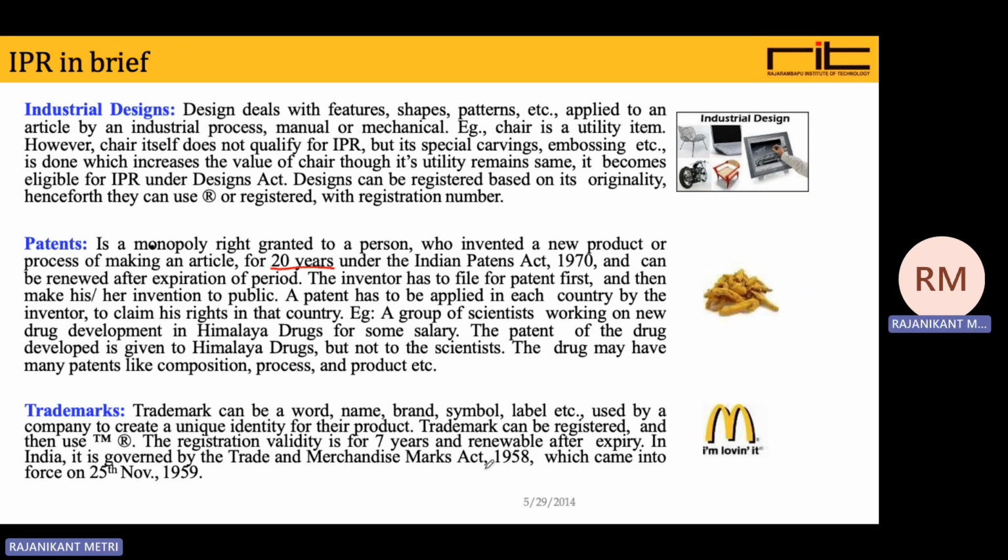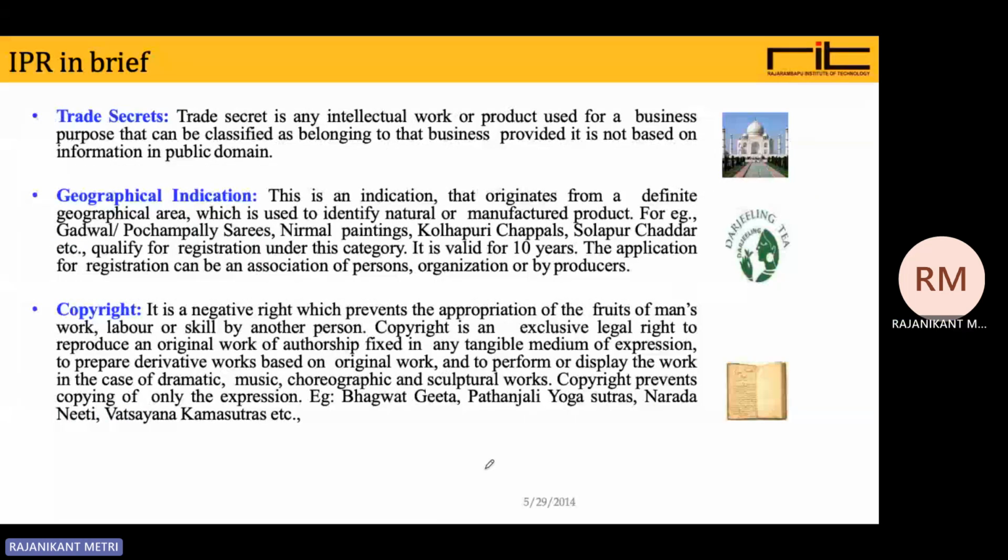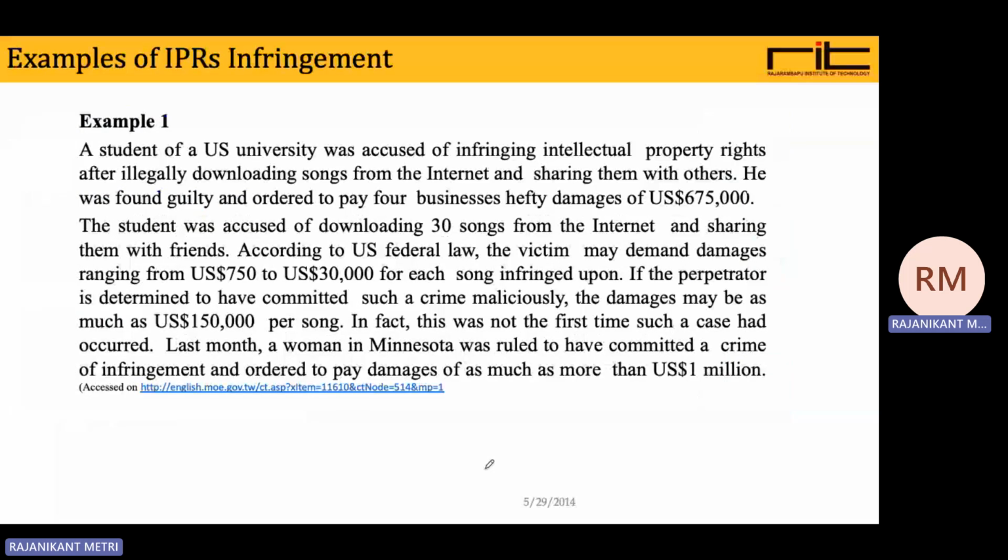So here are a couple of examples of IPR infringement. The first one is a student of a US university who was accused of infringing intellectual property rights after illegally downloading songs from the internet and sharing them with others.